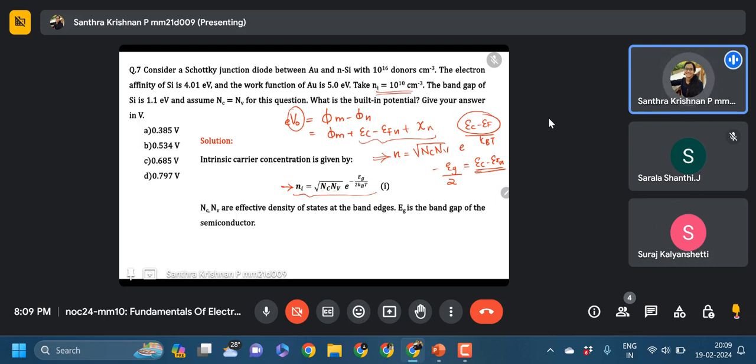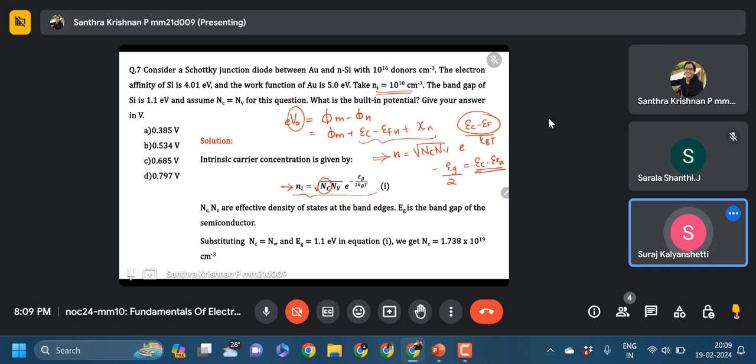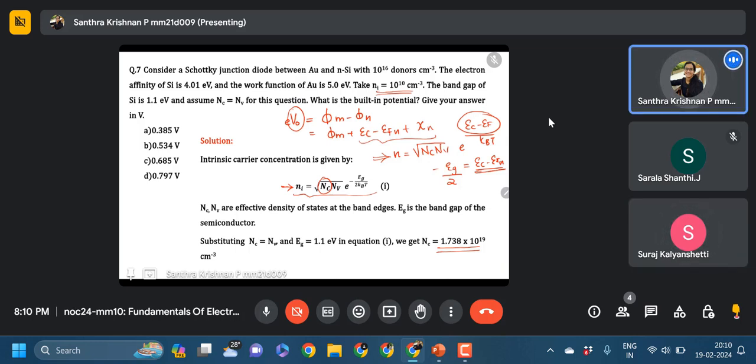They have given NC is equal to NV, and Eg is given. Then you can substitute all that to get the NC value. So it becomes NC square. From that you can find NC. Can you try substituting and check if you are getting NC is equal to 1.738? It's a lot of reverse substitution.